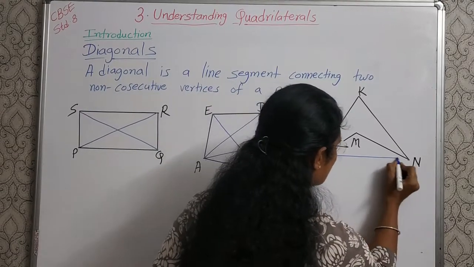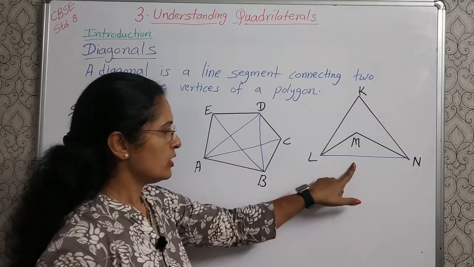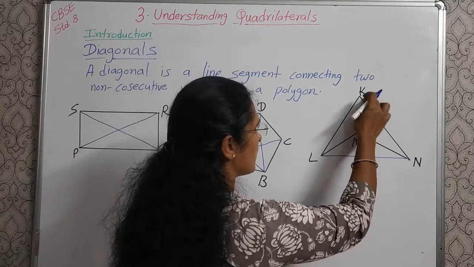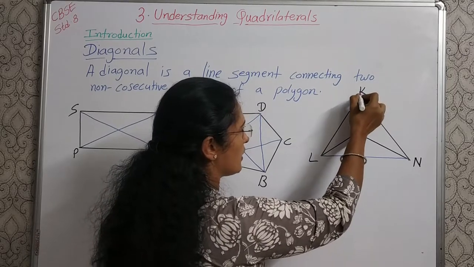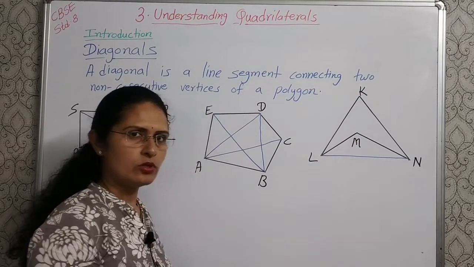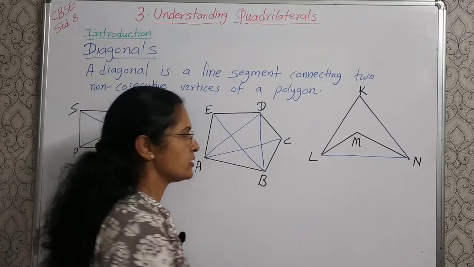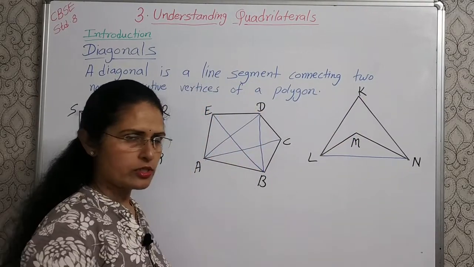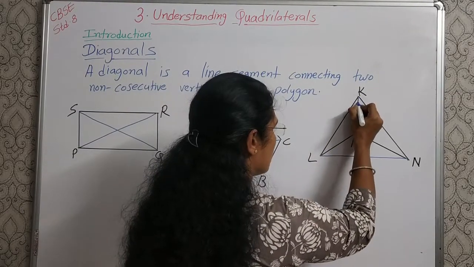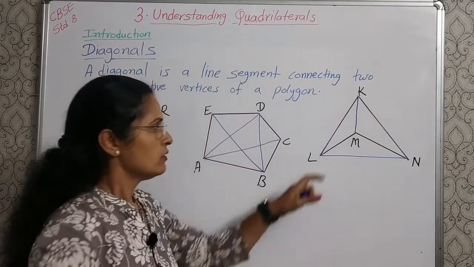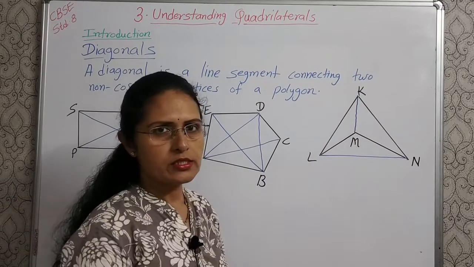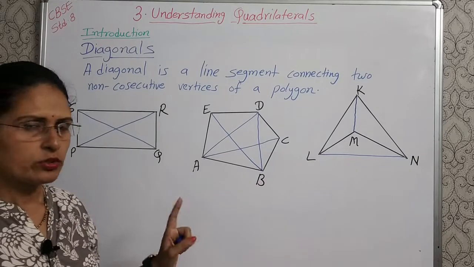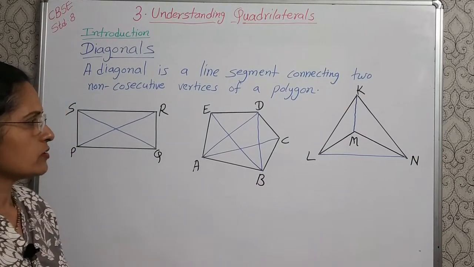So we can join them and we get the diagonal LN. Similarly, N and K are adjacent, K and L are also adjacent vertices, but vertices K and M are non-consecutive. If we connect them, the segment KM is also a diagonal. So this is how we draw diagonals for polygons.